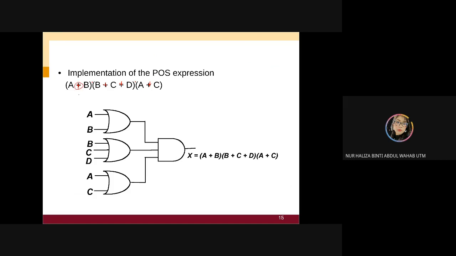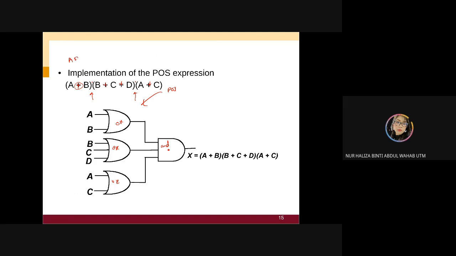So addition is an OR gate, OR gate, OR gate, and the answers you're going to combine together as a multiplication, which is an AND gate. From here, you can see the difference for POS. And if you have your SOP, I just follow the similar approach, okay?